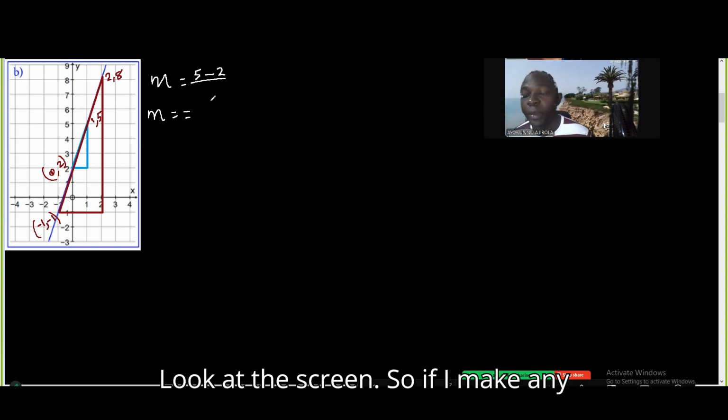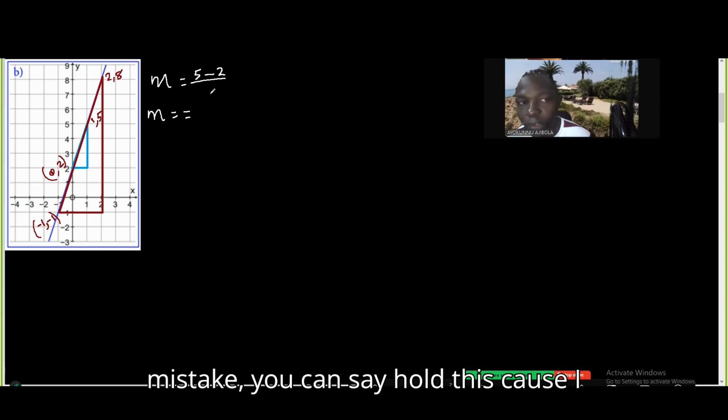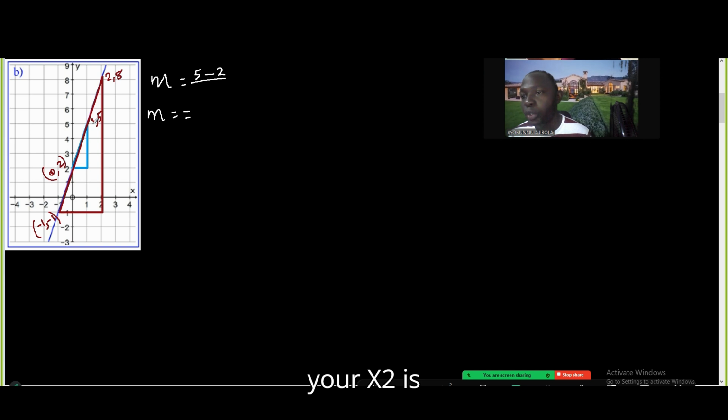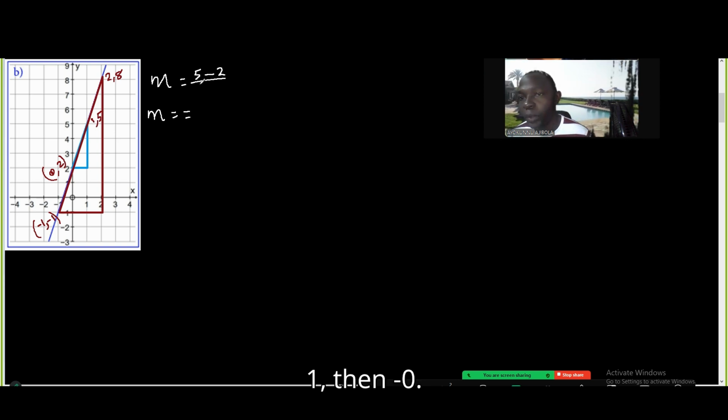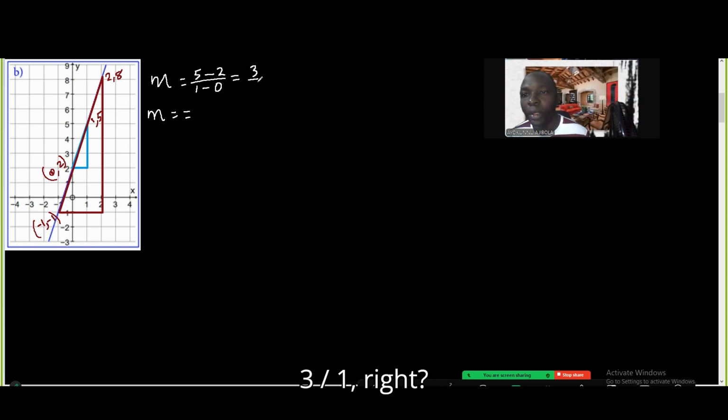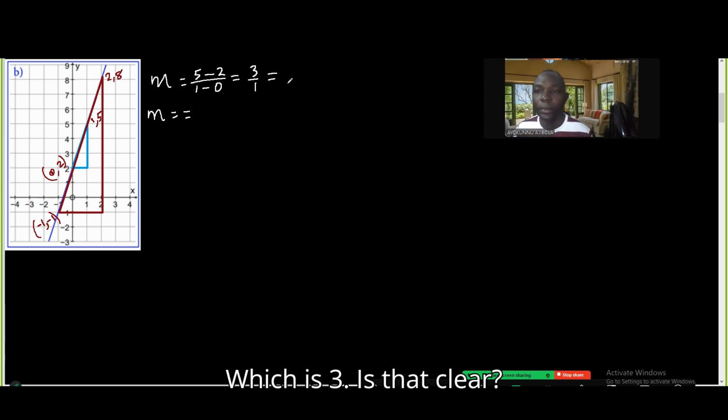Look at the screen, so if I make any mistake, you can say, oh, this, because I don't know what you're doing there. Now, your x2 is 1, then minus 0. So this is going to be 3 over 1, right? Which is 3.